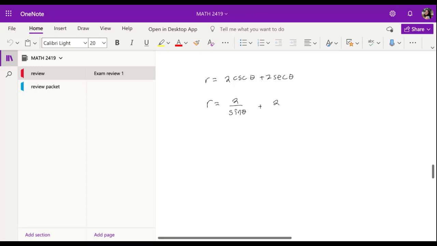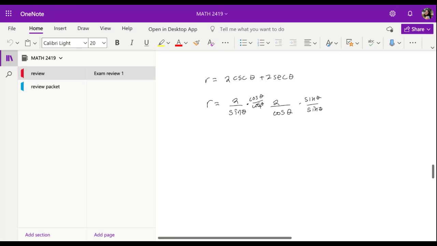So now we have to get it into a form where we can plug in things. If we get it to a common denominator, we can work from there. So if we multiply the first one by cosine theta over cosine theta, and the second one by sine theta over sine theta, we get a common denominator.